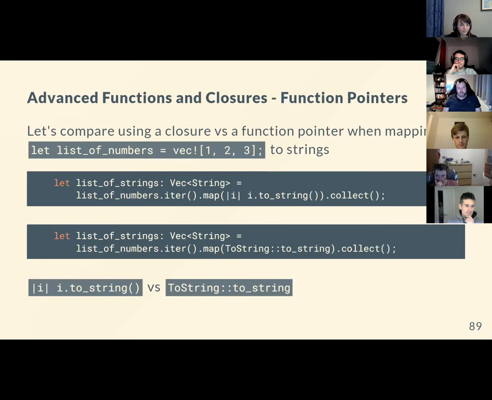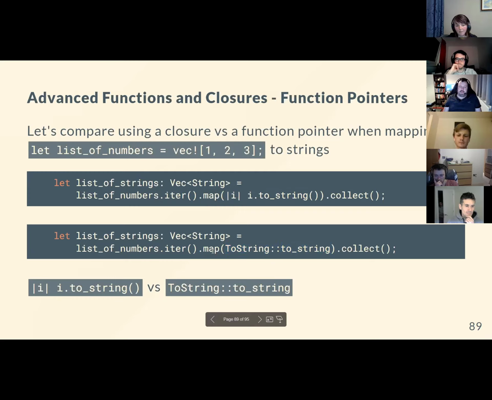and that way you can pass them both in. So just to compare what those 2 syntaxes look like, in this example we've got a list of numbers, and we're saying I want to iterate over it, map them onto strings and collect them. In this example, we're taking a closure, which takes our integer and then calls to_string on it. Whereas in this example, we're taking a function pointer to our concrete to_string method.